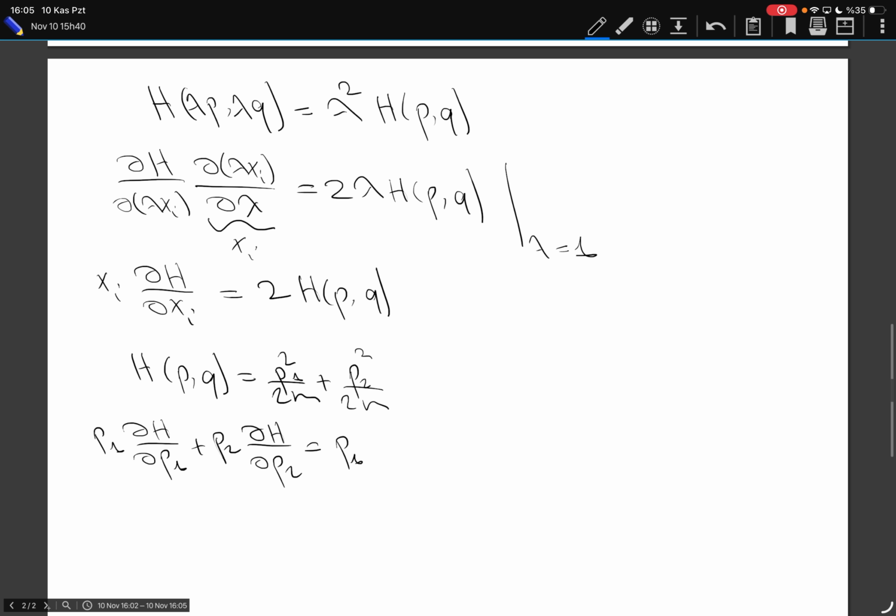This will be p_1 times p_1 over m plus p_2 times p_2 over m. This is p_1 squared over m plus p_2 squared over m, which is twice my Hamiltonian.